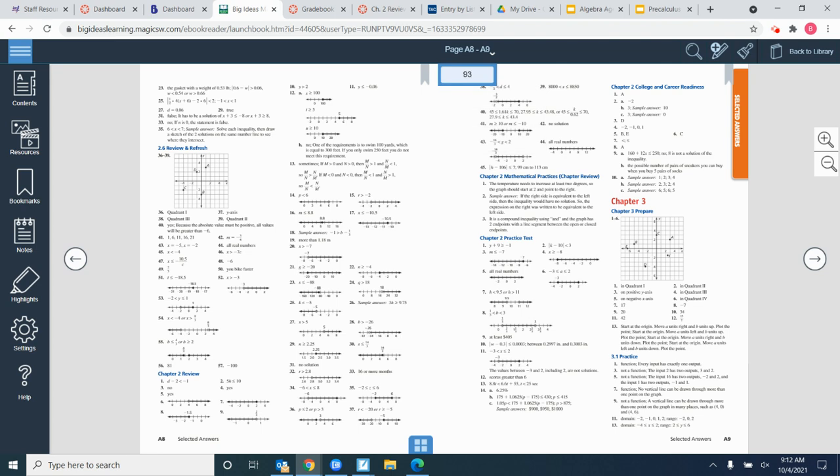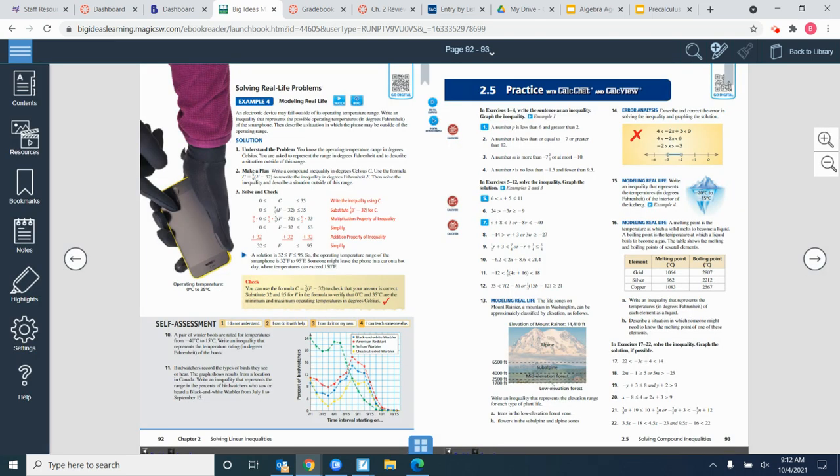I'm going to go to page 93. If you go to any of the homeworks, okay, in your book, you'll see these numbers with blue. If I am in the ebook, okay, it says Calc View there.